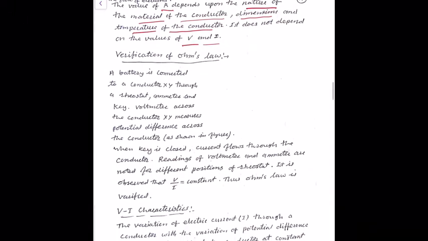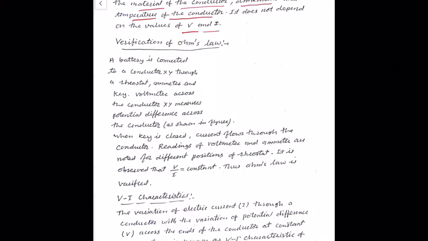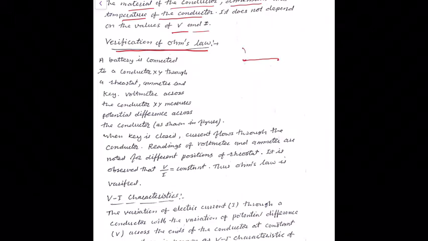Next, verification of Ohm's law. A battery is connected to conductor XY through a rheostat, ammeter and key.